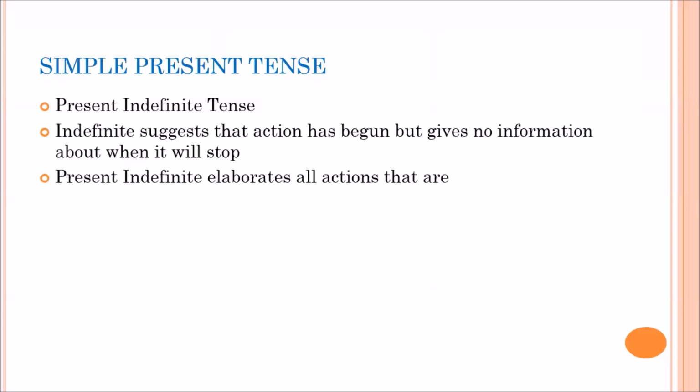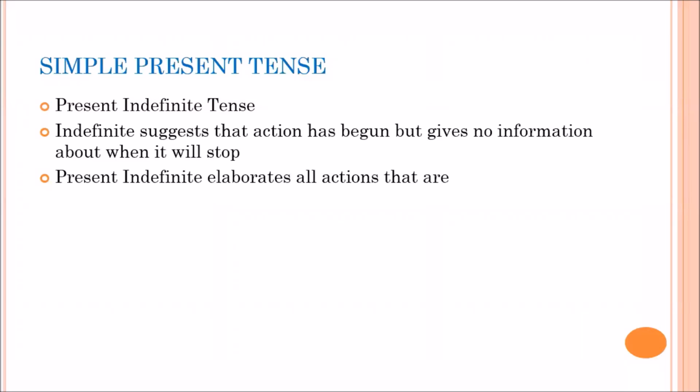Indefinite suggests that action has begun, but gives no information about when it will stop. It is sort of continuous action which has started, but we have no surety about its end. Simply, it's like we all were born and we all know what our birthday is, but we are not sure when it will end the life that we are spending.